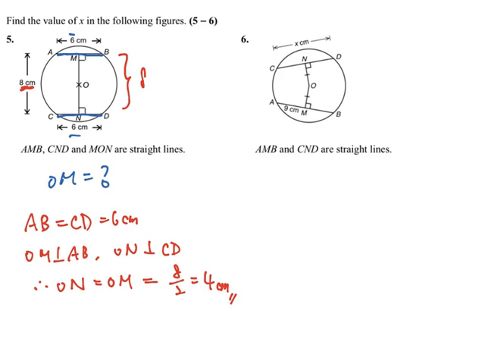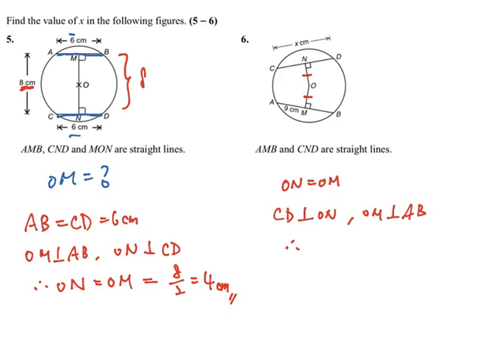Next, try to do number 6. Find X. Let's check it. This time, ON and OM are given. They are equal. And then CD is perpendicular to ON and OM is perpendicular to AB.